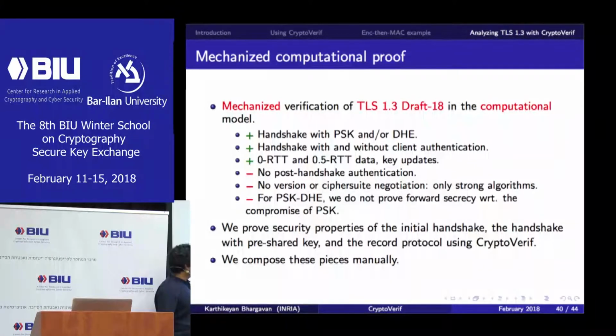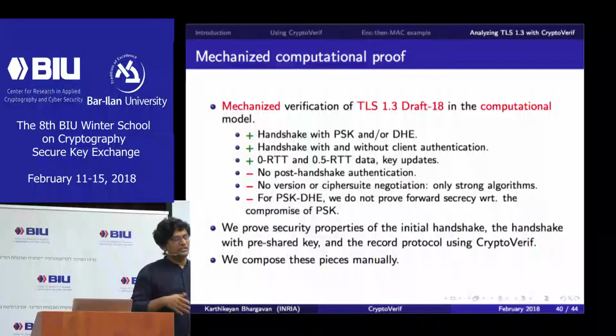This one is negotiation. Negotiation only makes sense to verify if you're going to actually add some weak algorithms as well. If you added negotiation with only strong things, we could have added that, no problem.